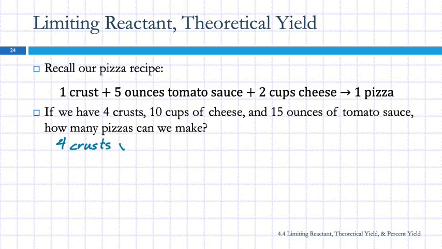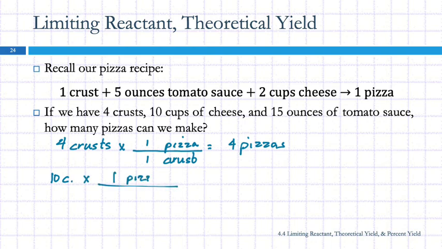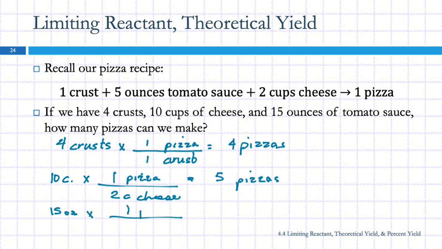So 4 crusts, and just like the mole to mole ratio, we can use our recipe, you know what I mean there. 1 pizza, 1 crust. 4 pizzas. 10 cups of cheese times 1 pizza out of every 2 cups of cheese, 5 pizzas. 15 ounces of sauce, 1 pizza for every 5 ounces. So 3 pizzas.